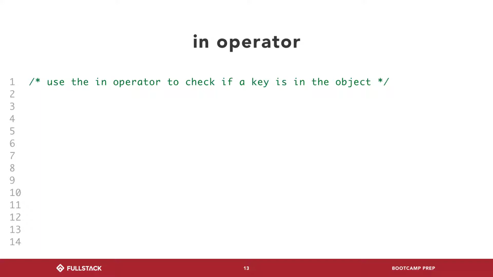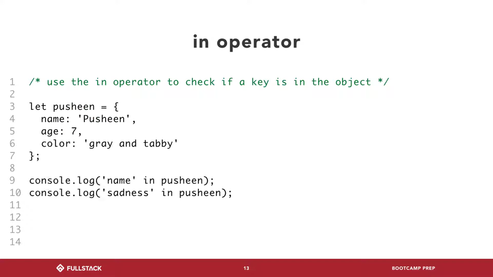Okay. So, the in operator. Like I said earlier, if I try to access a key that doesn't exist in an object, I get back undefined. So that's not usually the best way to figure out if a key actually exists in an object. The in operator is a much better tool to do it.